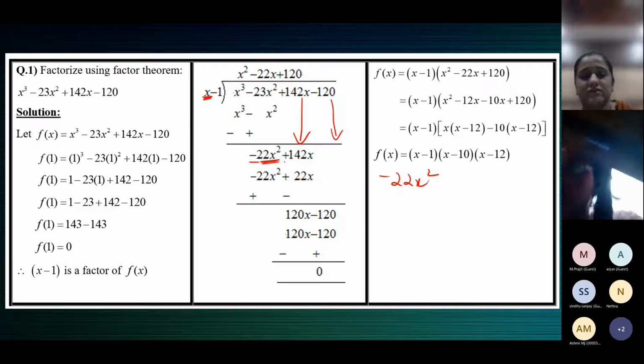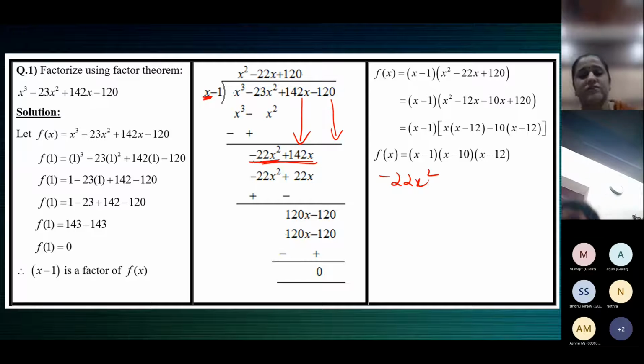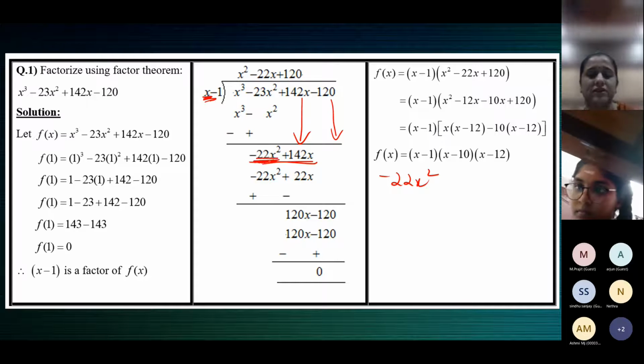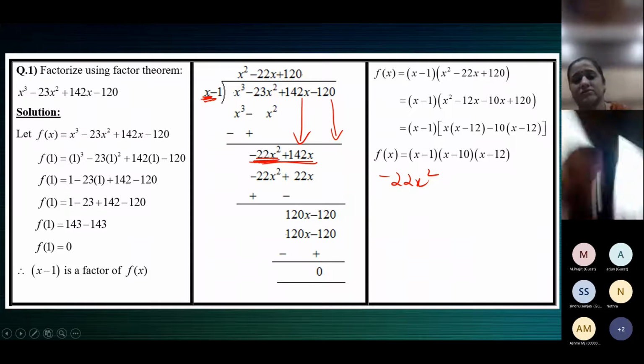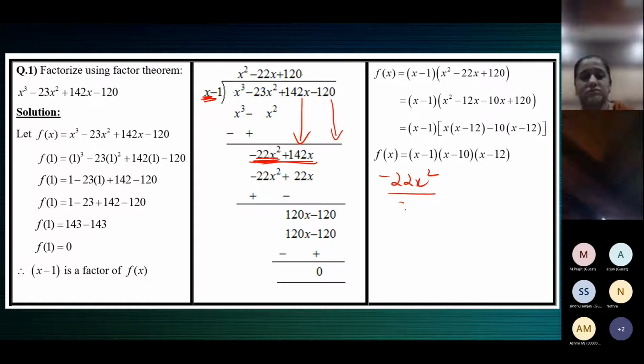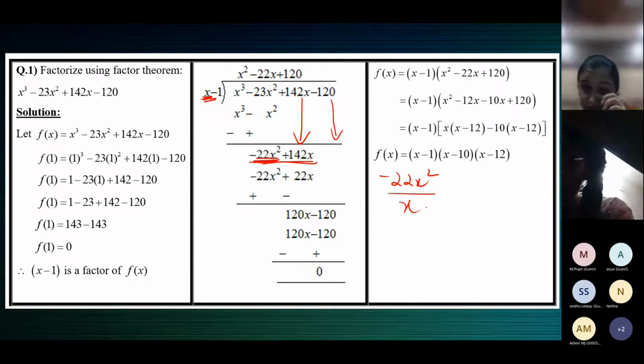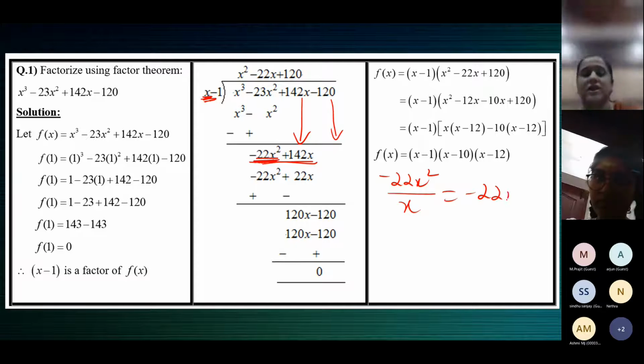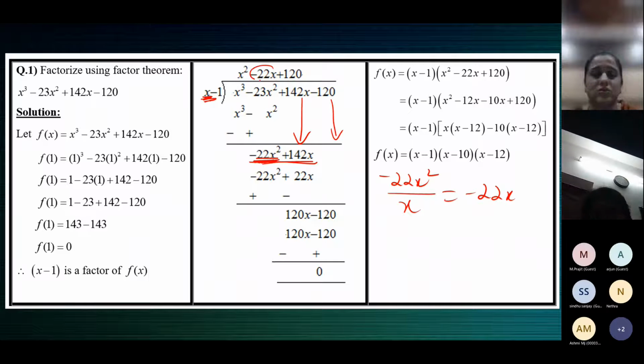Always we divide the first term of the dividend by the first term of the divisor. Minus 22x squared by x is minus 22x, and that will be the second term in the quotient.